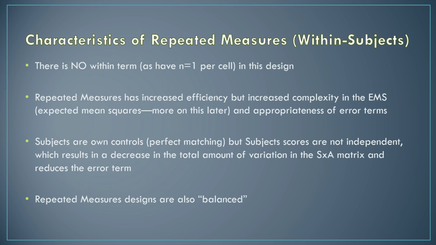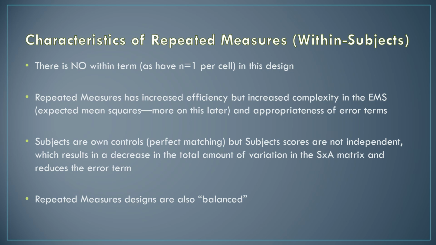Also, what a lot of people really like about these repeated measures or within subjects models is that each of your subjects or participants is really being compared to themselves. And so you have perfect matching. And so you don't have to worry about if your different groups are balanced as far as other demographics or other characteristics that may not be included in the model.